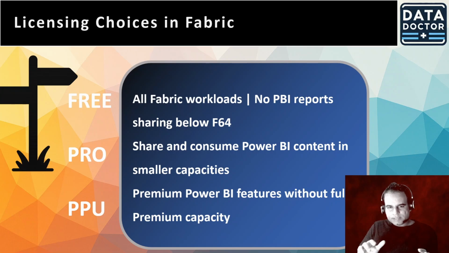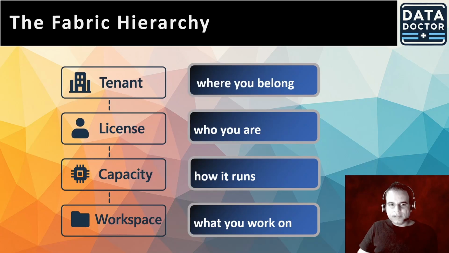So we discussed until this point various things: the capacities, tenant, workspaces, licensing, and also the cost, etc. Let's try to put these things together and see the hierarchy in Fabric, how these things are linked, or can be defined once again.